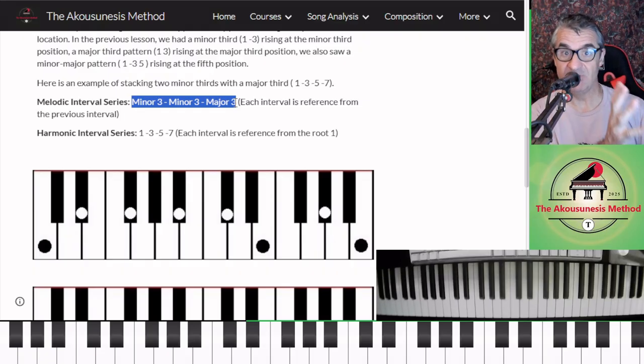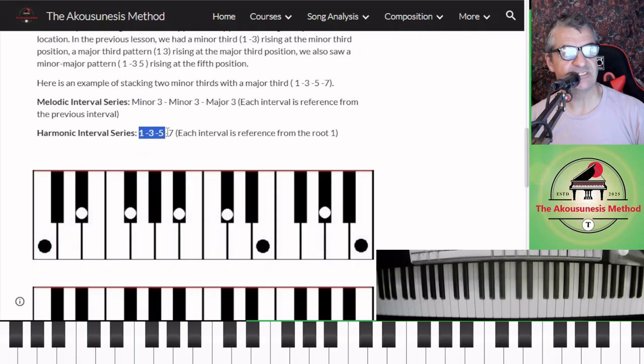of a building, right? So with harmonic interval series, the memory association we're giving extra is a chord, right? Is a root note. So all these intervals, minor 3, flat 5, and flat 7, are all referenced to that one root note, right? And it could be anywhere on the piano, that note. It doesn't have to start on C, right?